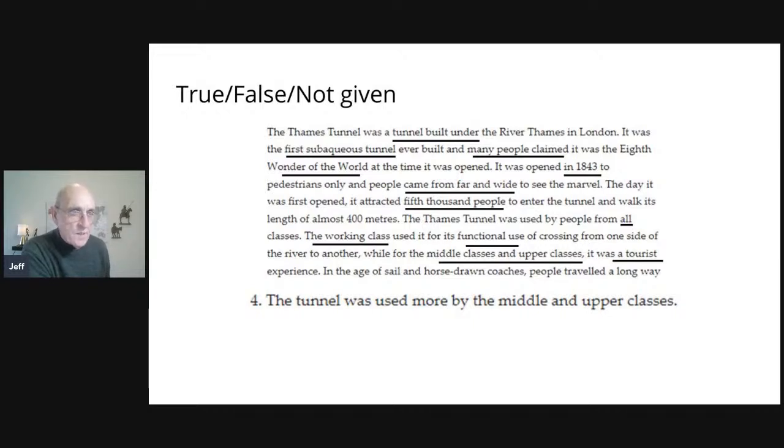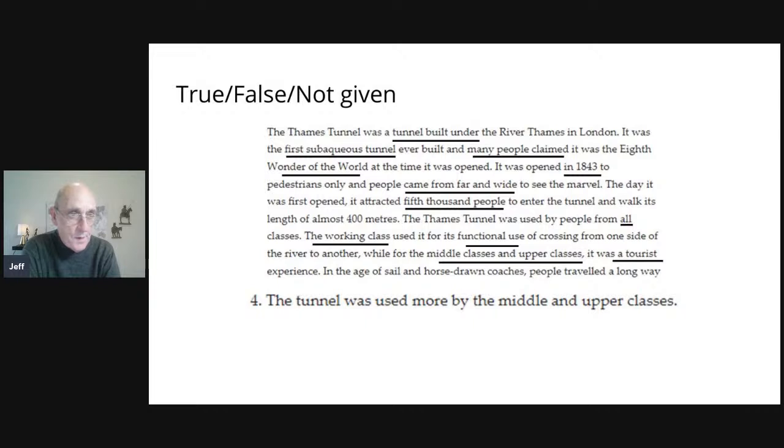So it tells us the reason that these different classes of people used the tunnel, but it does not tell us that the working class used it more than the middle class and upper class, or it doesn't tell us that the middle class or upper class used it more than the working class.